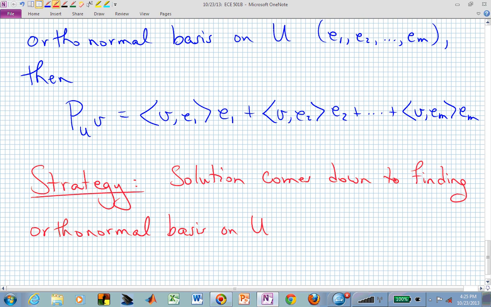That's how you now create this orthonormal basis on U. And once you have that, then you just compute all these inner products of V with respect to each of those basis vectors. So the solution comes down to finding an orthonormal basis on U and then computing inner products.